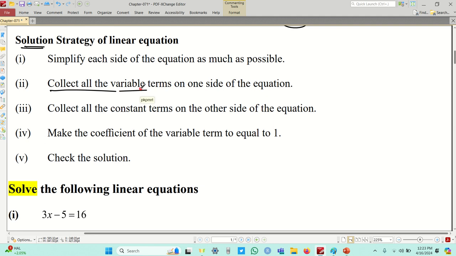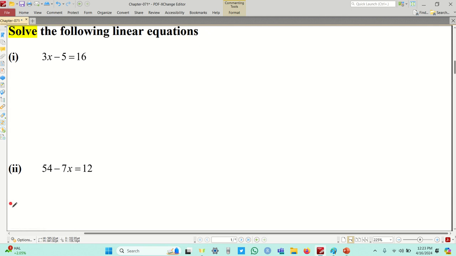Variable means the term of x on one side. Keep all x terms on one side and collect all constant terms, meaning terms that do not contain x, on the other side. Okay. Now make the coefficient of the variable equal to 1 and then check the solution. Clear? So I will explain one question, then you will understand.